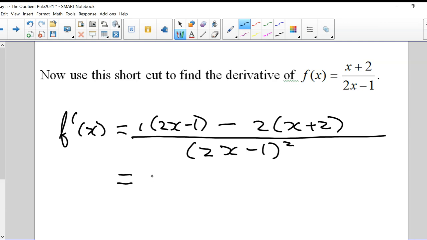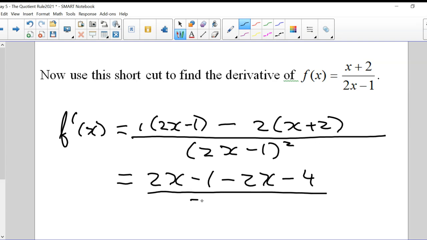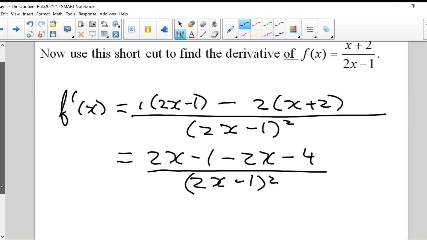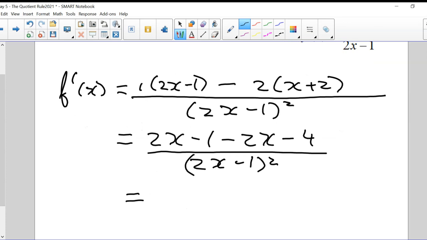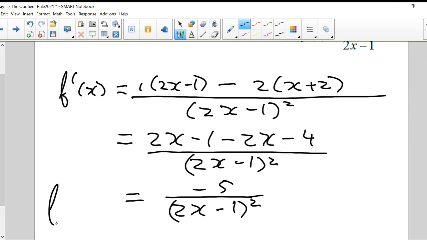So the top would become 2x minus 1, and you multiply by 1 doesn't do anything, minus 2x minus 4, all over 2x minus 1 squared. Okay, so minus 2 times x, minus 2 times 2 is minus 4. And obviously, I would expect you to simplify this down to minus 5 over 2x minus 1 squared. And there's your derivative.